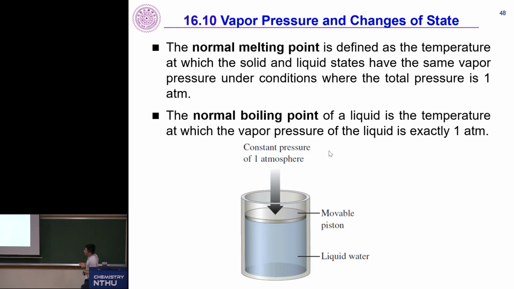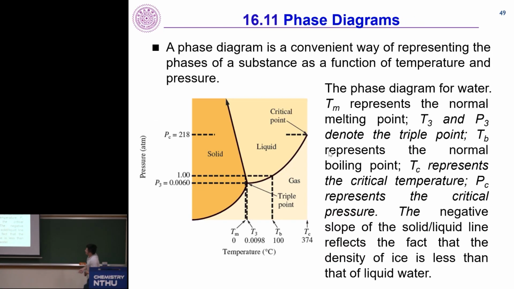So that means if you change the pressure, you can also change the melting, which wouldn't be surprising. So then we can construct a phase diagram like this. A phase diagram is a convenient way of representing the phase of the substance as a function of temperature and pressure. So temperature increases at a constant pressure, pressure increases at a constant temperature, and finally we come up with this diagram.